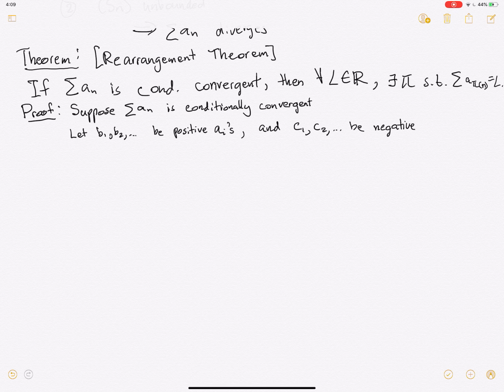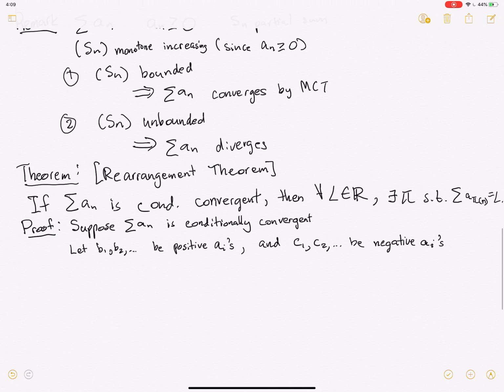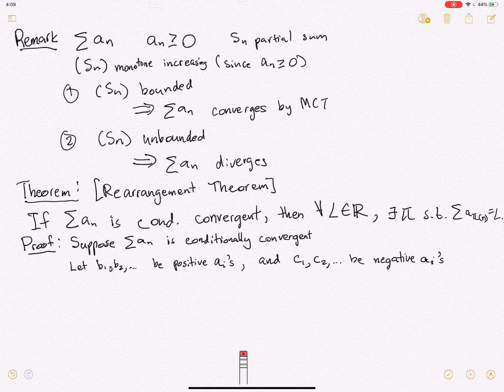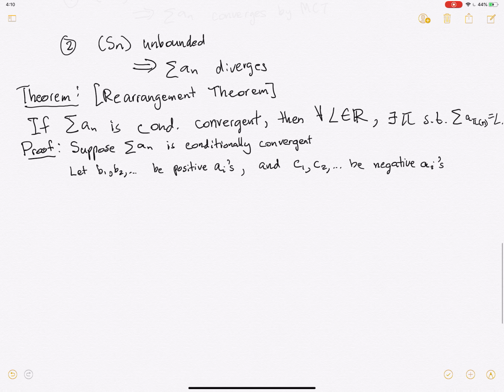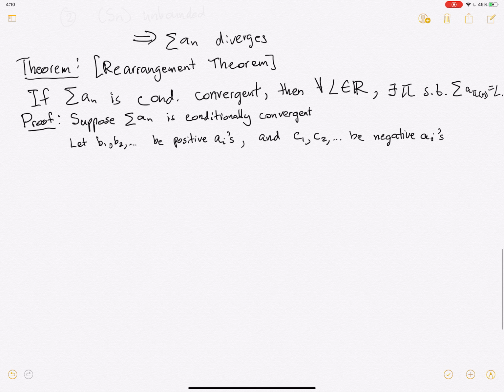The zeros don't really matter because they don't contribute to the sum at all. As we showed in the remark, since everything here is positive, the partial sums of these will converge by the monotone convergence theorem.